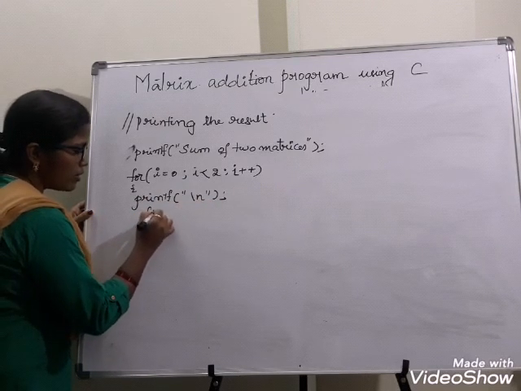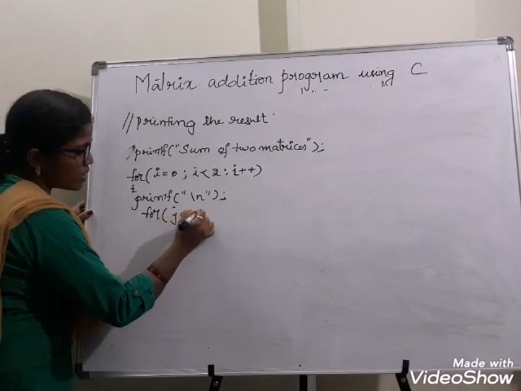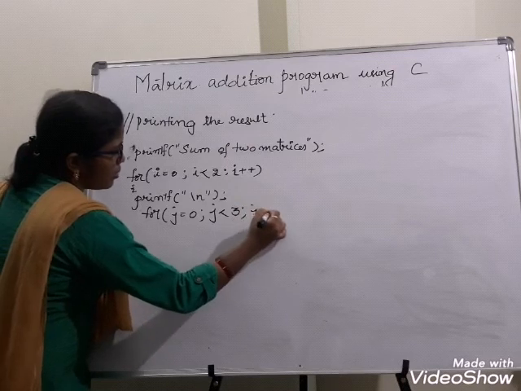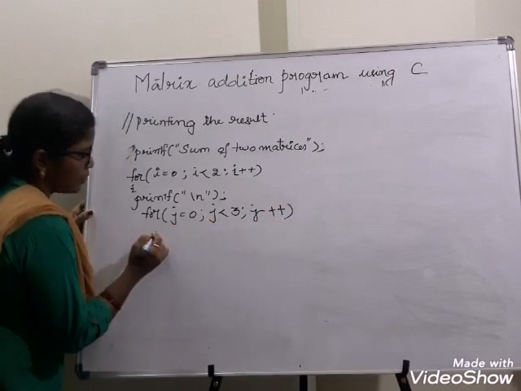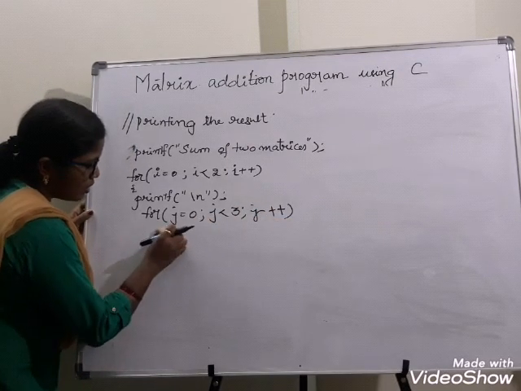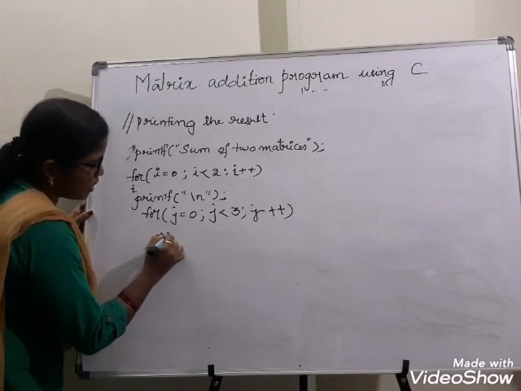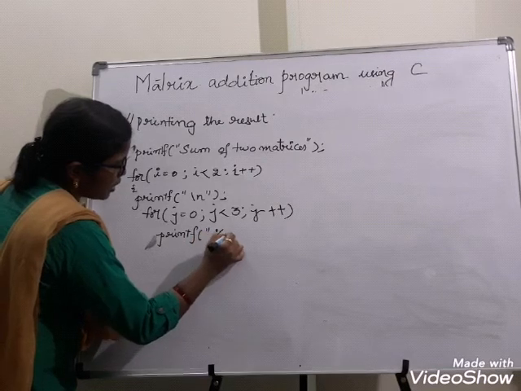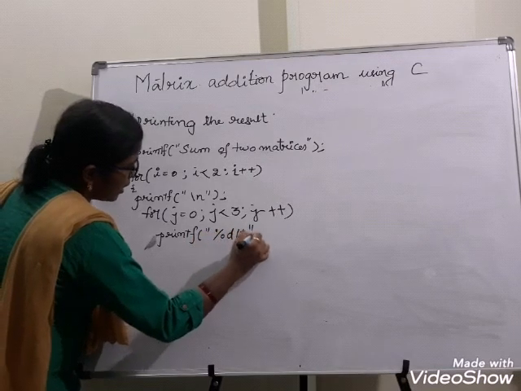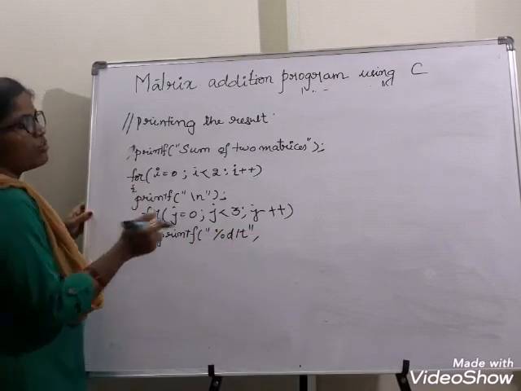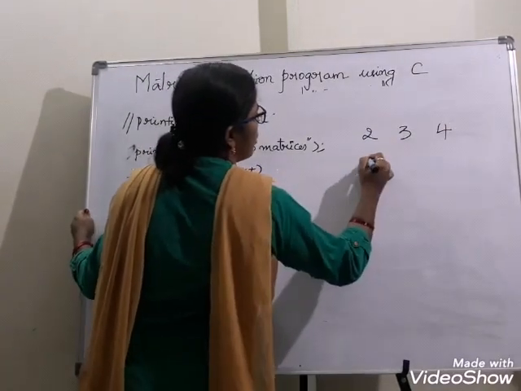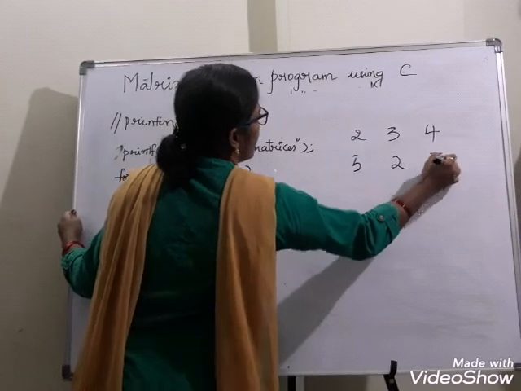For j equals to 0, j less than 3, j plus plus. And you are printing the output. So we write the printf function. So printf percentile d, and each and every element we would like to see in our matrix like this: 2, 3, 4, 5, 2, 3.